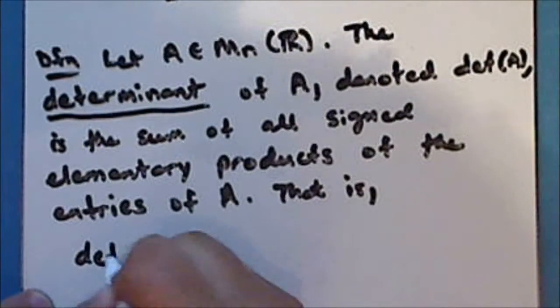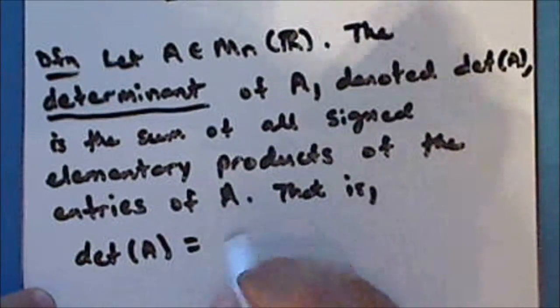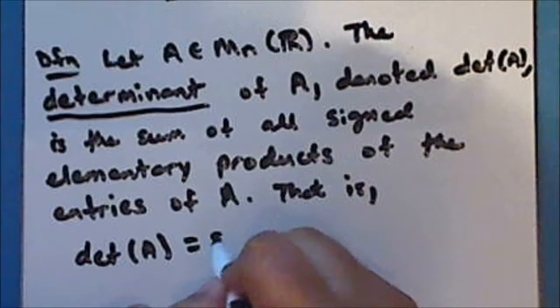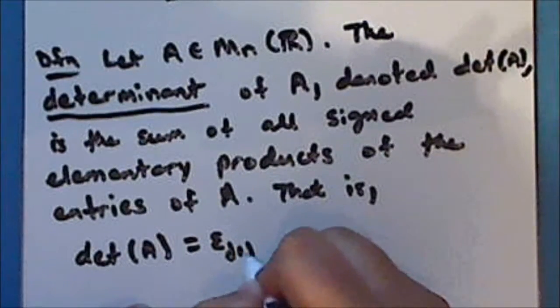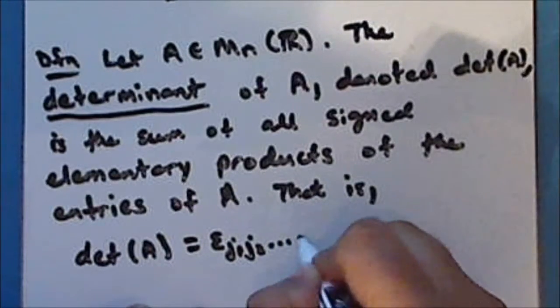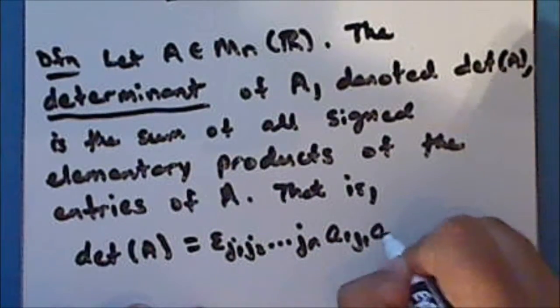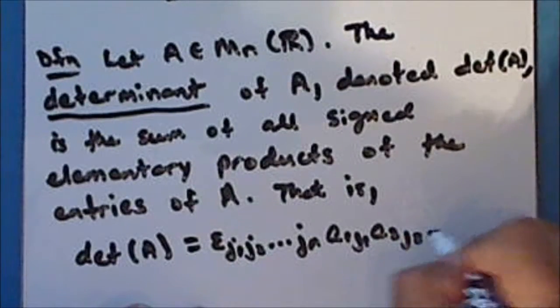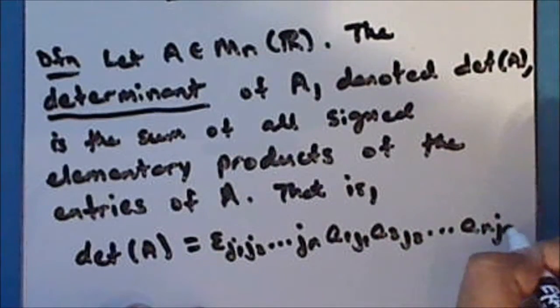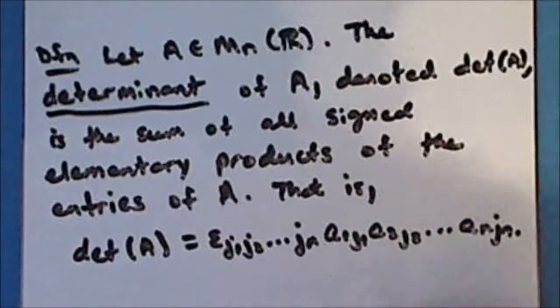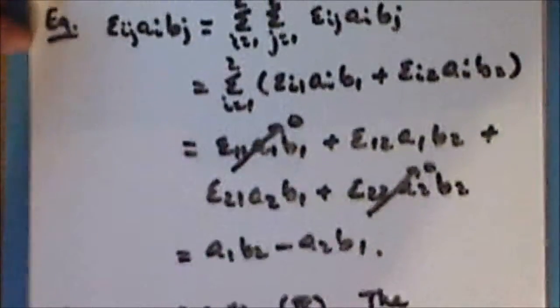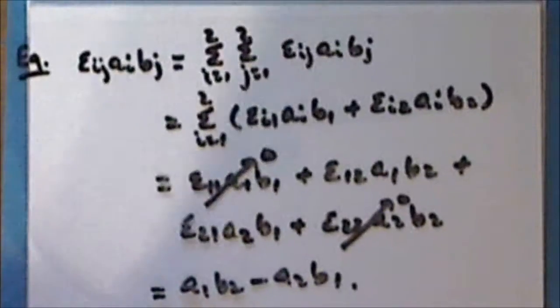That is, the determinant of A is epsilon sub j sub 1, j sub 2, and so on through j sub n, times a sub 1, j sub 1, a sub 2, j sub 2, and so on through a sub n, j sub n. So let's look at an example.